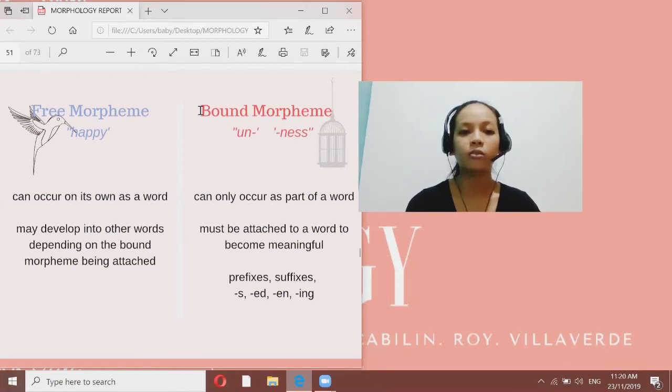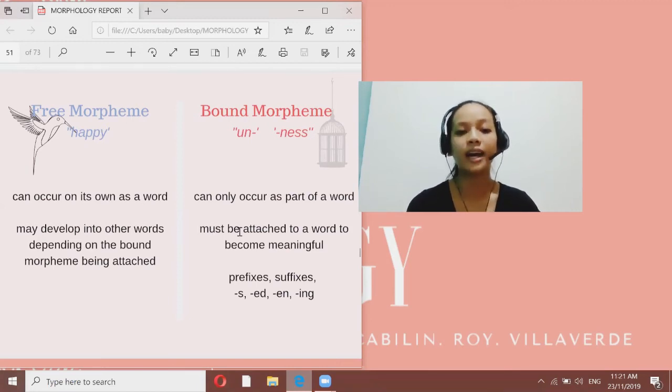Next is the bound morpheme, just like un and ness. So you see, these are the affixes that we use, or the prefixes and suffixes. It can only occur as part of a word. The bound morpheme cannot stand alone because it will not have a complete meaning.